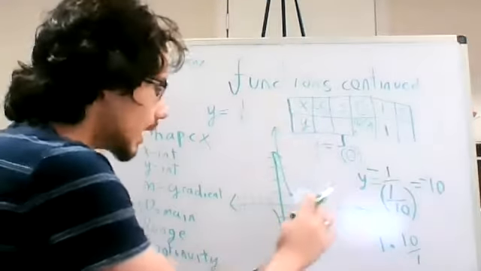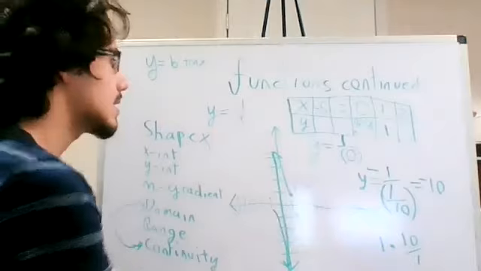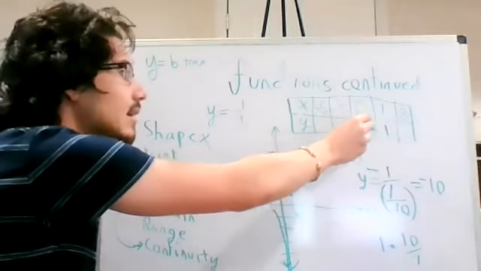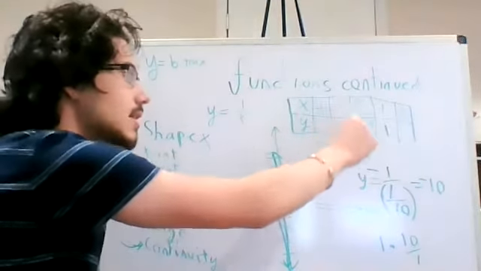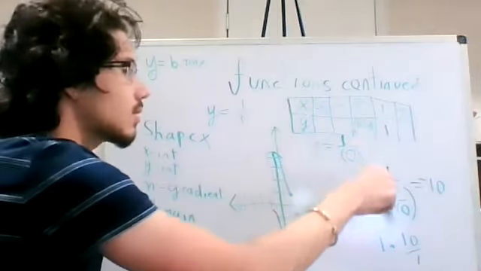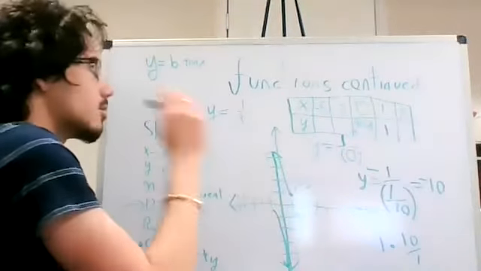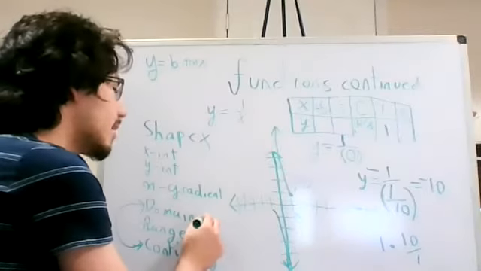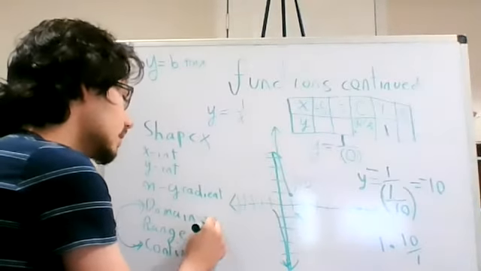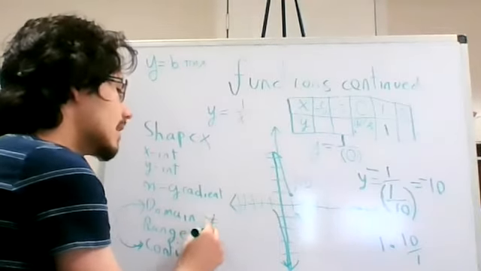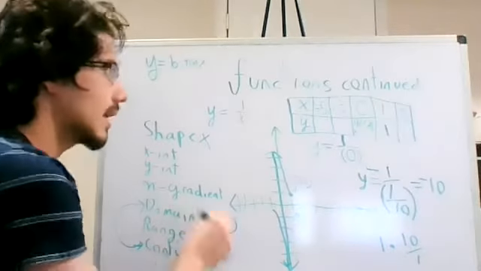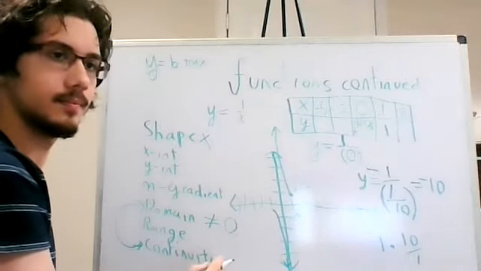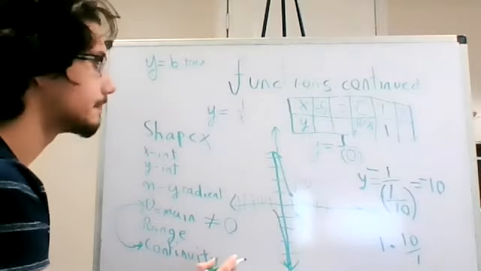Now, we want to stop for a second because we found a spot where the function does not exist. Because it does not exist at 0, we need to put that in our domain right now. So the domain is unequal to 0. That's what we got so far. Does that make sense? Yes, sir. Okay.